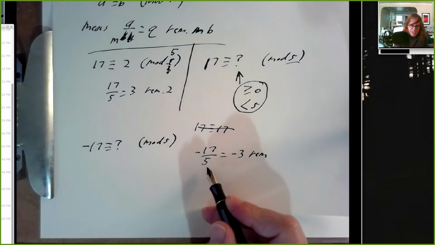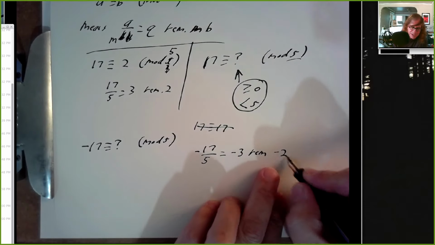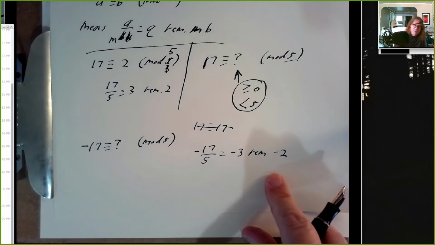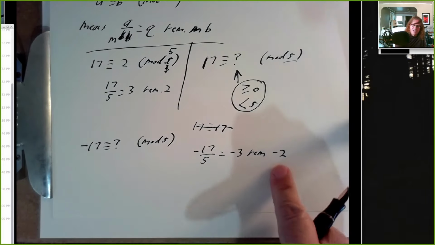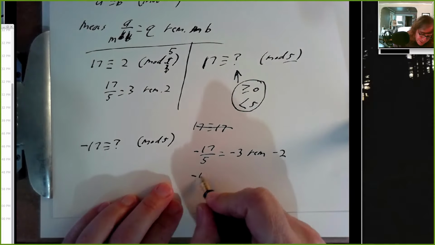That gets us to negative 15. What's the stuff left over? It's actually a remainder of negative 2. And if we want our congruence to be between 0 and 4 in this case, negative 2 is not an acceptable answer. But here's a better way.